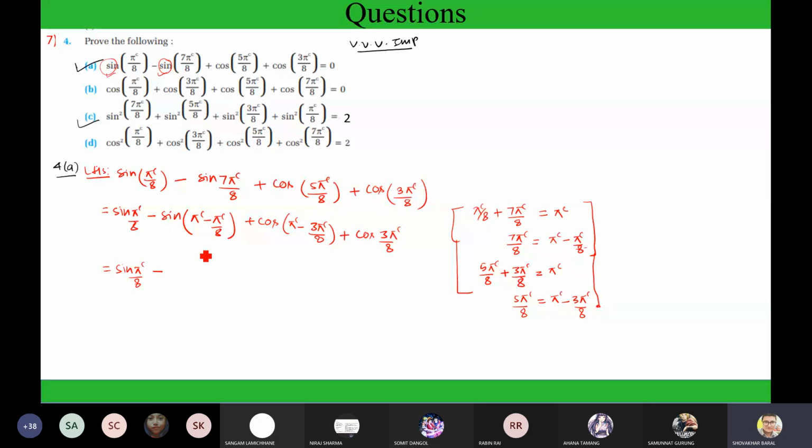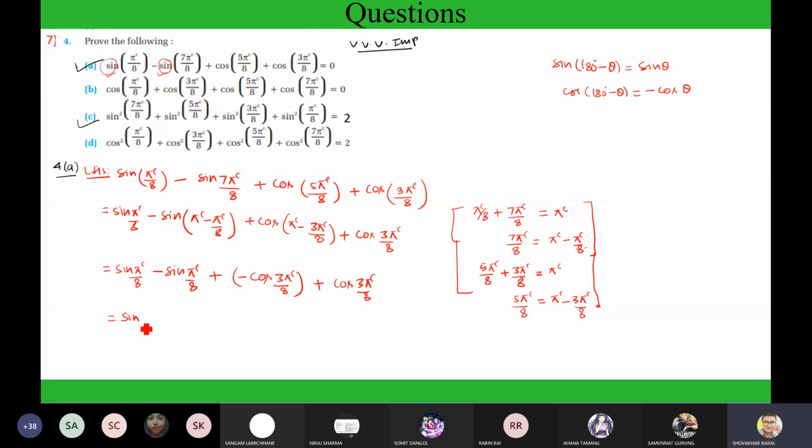by 8 minus, here sin 180 minus theta, मैले अघि नै भनिसकेको छु, 180 minus something हुन्छ भने थीटा छ भने थीटा हैन, यो sin theta नै हुन्छ. So 180 minus pi by 8 it will be minus sin pi by 8 plus cos, here 180 minus theta, cos 180 minus theta this is equals to minus cos theta, so minus of cos theta is 3 pi by 8 here, so let me write it is 3 pi by 8 plus cos 3 pi by 8.